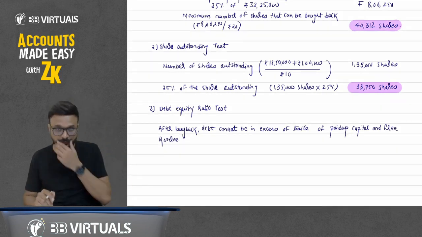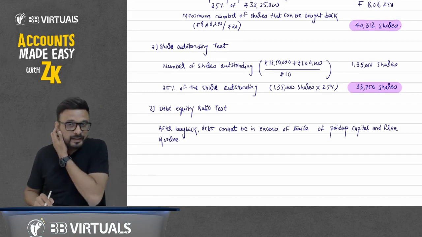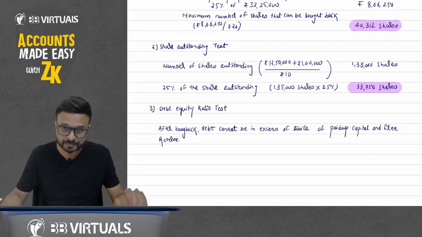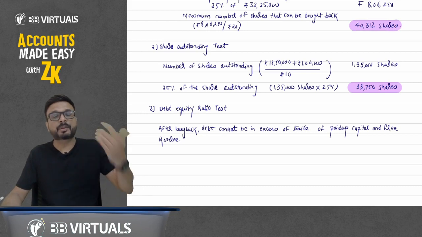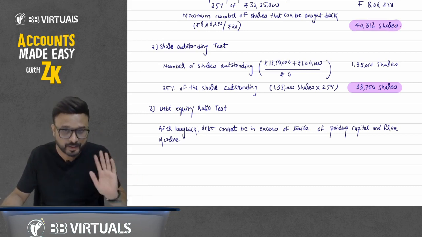Paid up capital and free reserve. So what is the second condition? After the buyback, your debt cannot be more than twice of the paid up capital and free reserve.